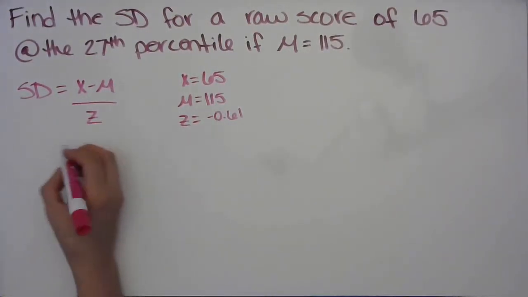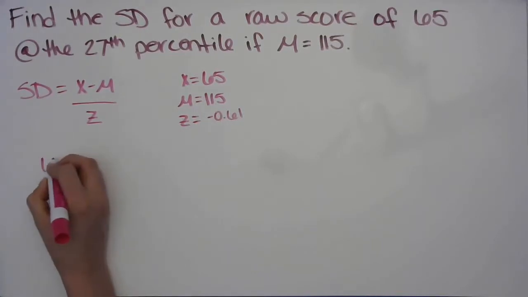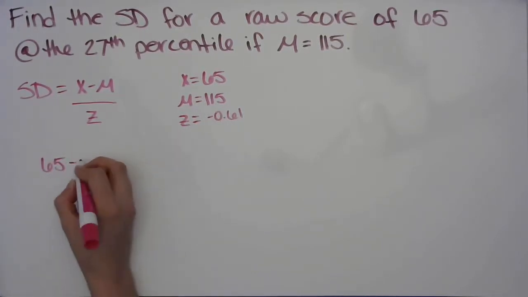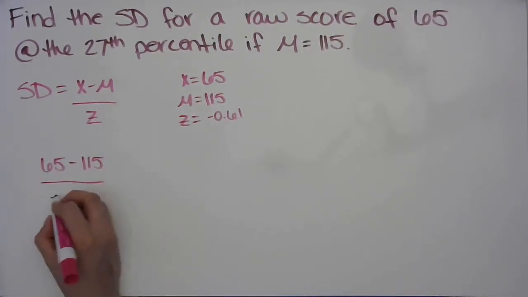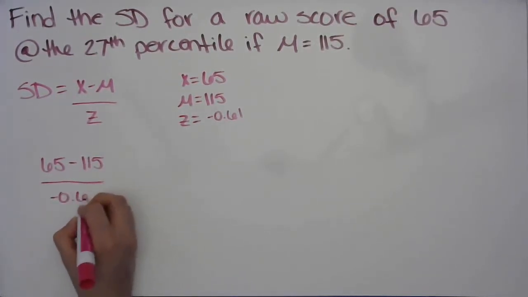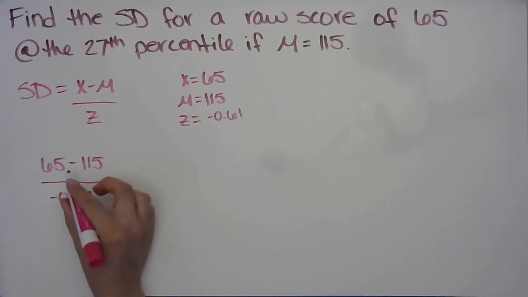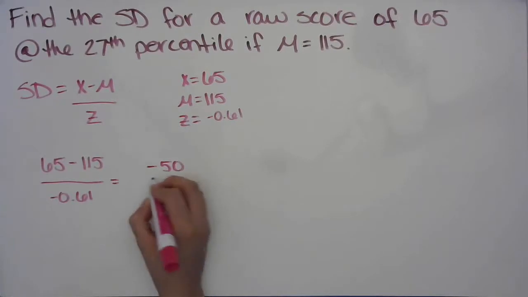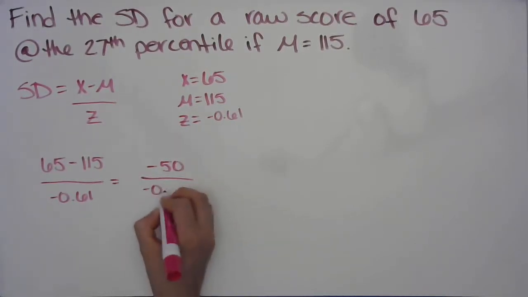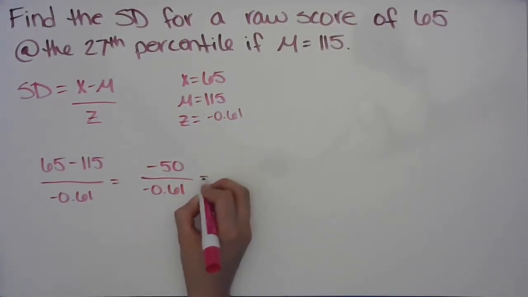Okay, so now we have all the pieces that we need. Let's go ahead and plug those in. So we have 65 minus our mean of 115 over the z-score of negative 0.61. So if we subtract these first, that is going to give us a negative 50 over negative 0.61, and then we divide that out.